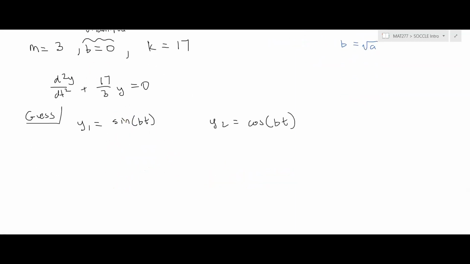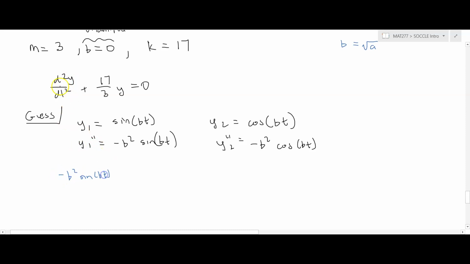Well, once again, when we take the second derivative of y1, we get negative b squared sine of bt. And let's just go ahead and do it in parallel over here for cosine. Its second derivative is going to be negative b squared cosine of bt. Now, to find out what value of b will make this equation true, all we have to do is take negative b squared sine of bt. That's my second derivative.